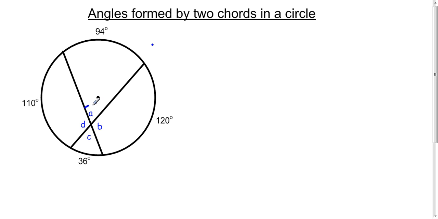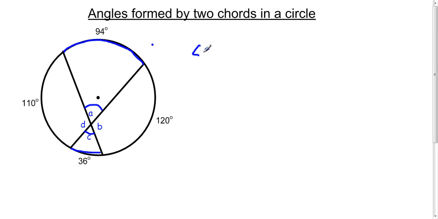For angle A, right here, it's these two lines that make angle A. A and C are the same, so we're going to figure out A and C at the same time. We're going to use the intercepted arcs for both A and C, 94 and 36, and we are going to add those up and divide by 2.